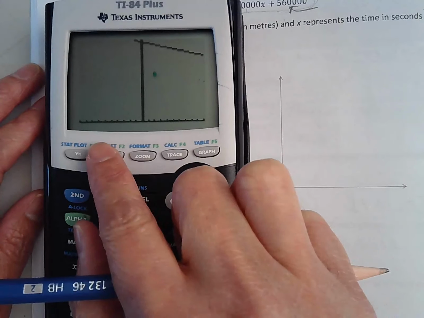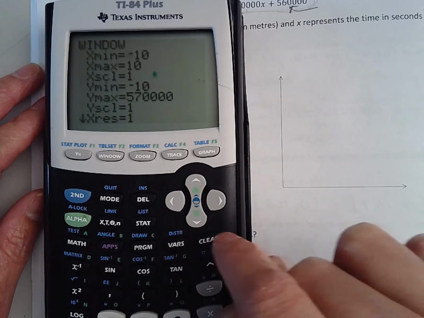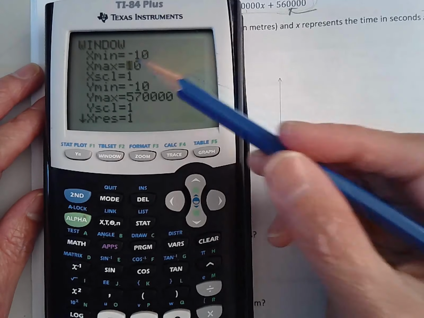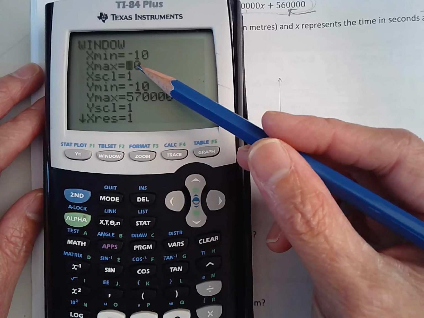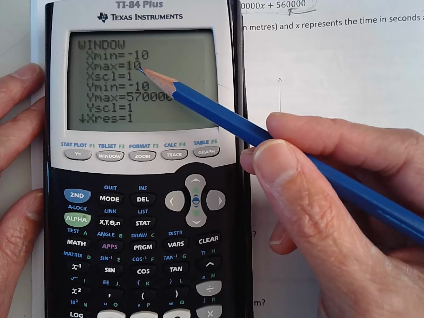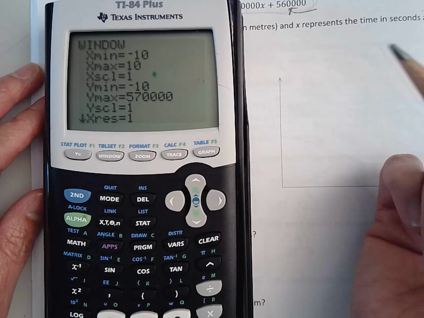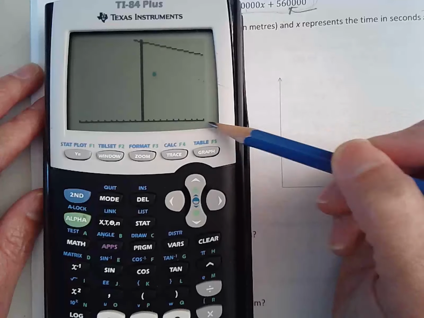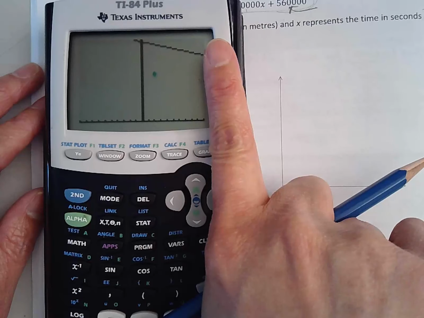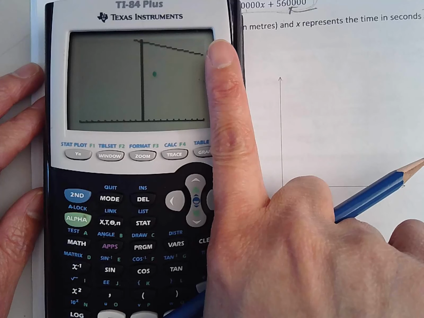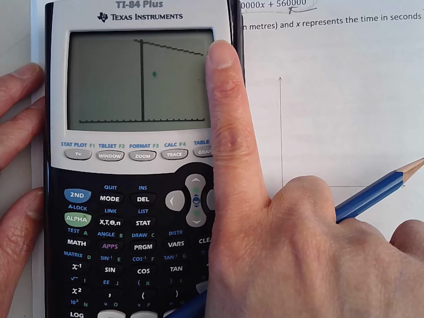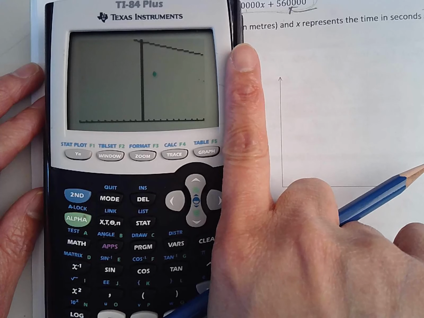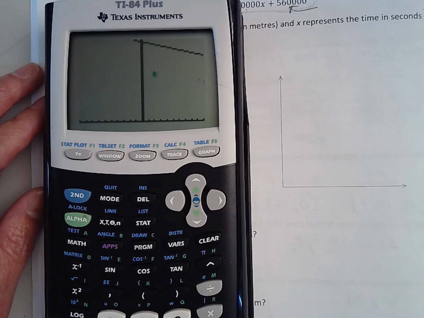So we're going to go to window. What do you think we should use? Right now it's 10. Okay, 1,000. Okay, let's see here. We did up to 10, and this is how far we got. If you do 1,000, that's going to be 500.